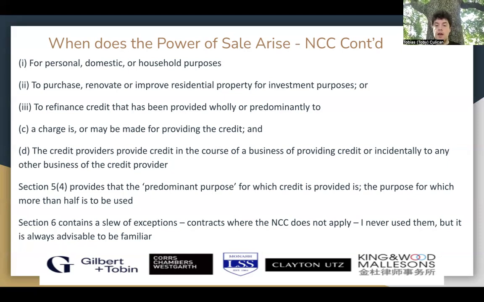That should say to improve residential property. I must have just neglected to put it in there. So, double I and triple I are about credit related to improving residential property. The colloquial term for that would be a renovation.